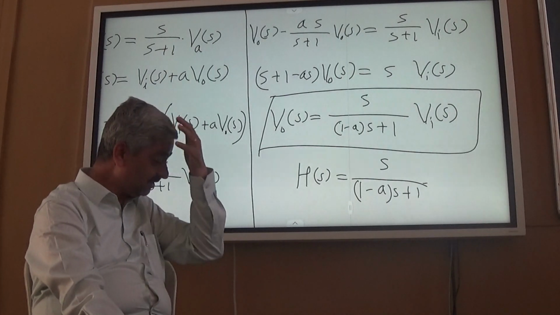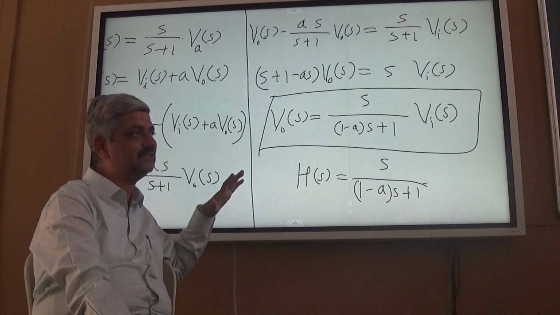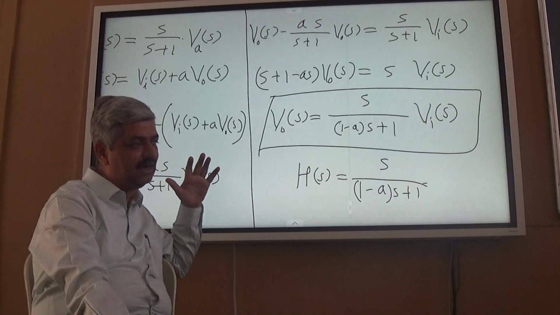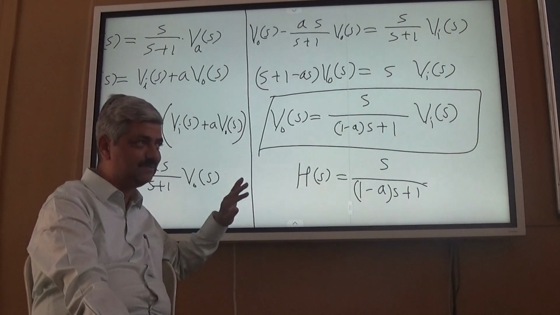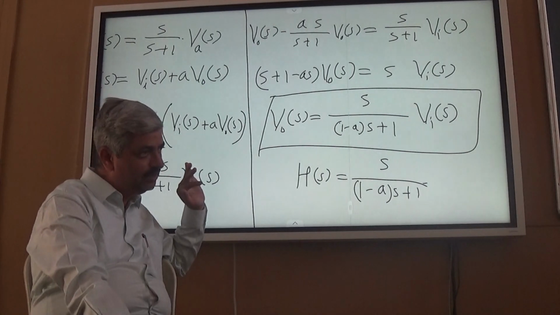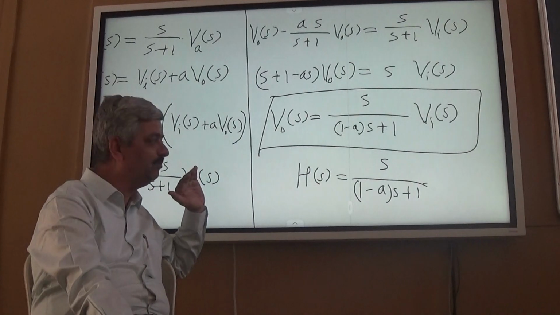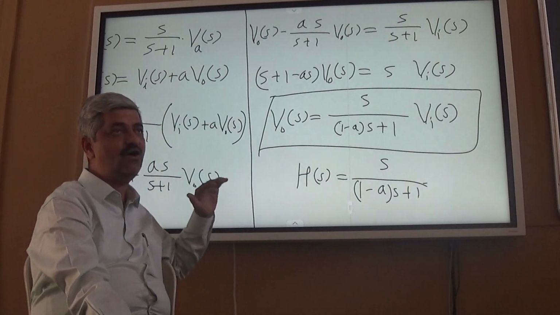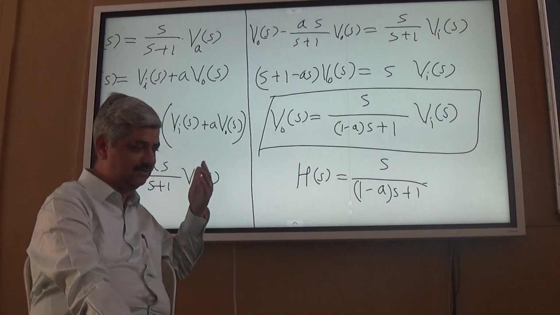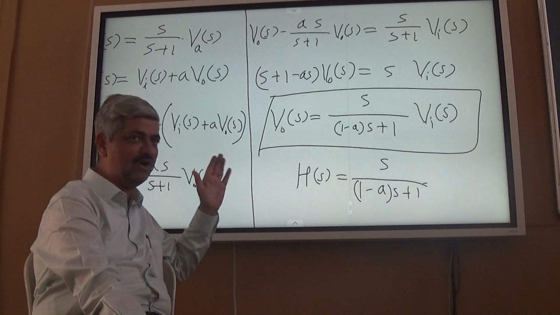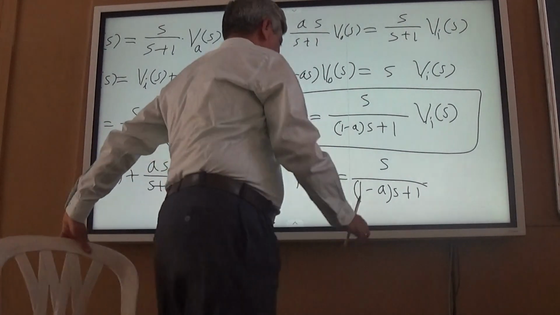So there are some transfer functions which can be achieved by only passive components, but for some transfer functions we need to include active components essentially. If you want the denominator to be only S, or if you want poles on the left hand side, like 1 minus S, you have to go for active components. So we proceed next.